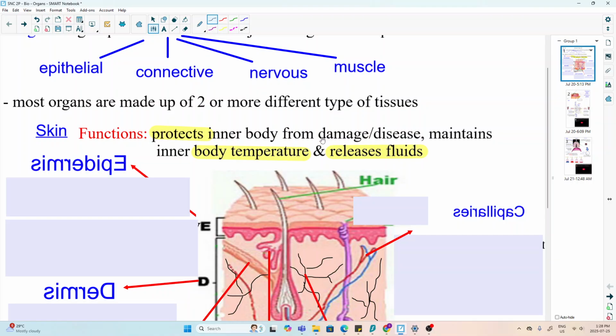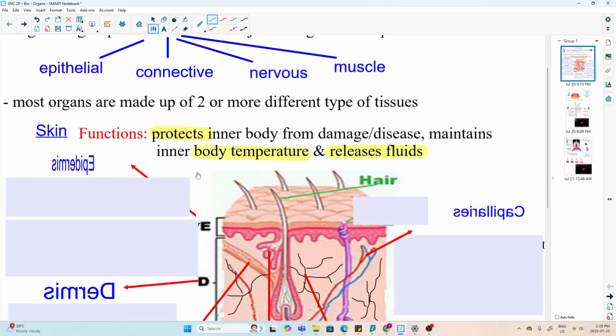You couldn't get, say, COVID by getting saliva on your skin. It had to get past your skin. If you got it through your mouth, that's different, but your skin protected you from that. So it protects the inner body from damage, disease, maintains inner body temperature, and releases fluids.